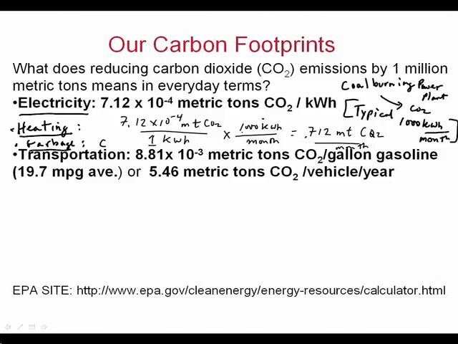Okay, transportation, the other place we make CO2, because gasoline comes from crude oil, which is a fossil fuel, primarily hydrocarbons, and they make 8.81 times 10 to the minus 3 metric tons per gallon. You can figure out how many gallons you use, and how many vehicles per year, and it does come up to quite a bit of CO2 per person.